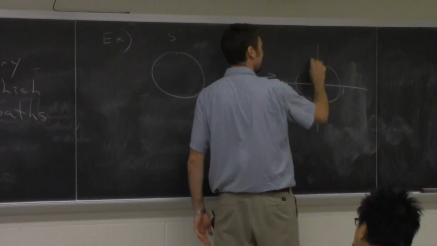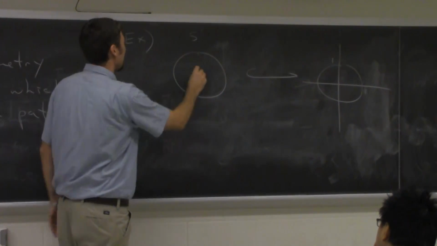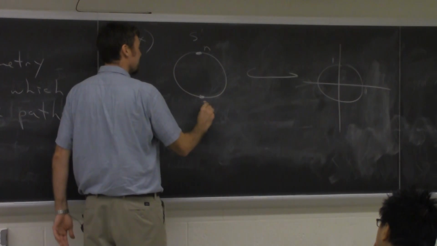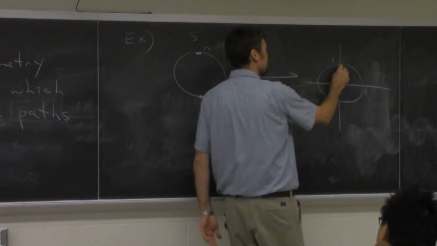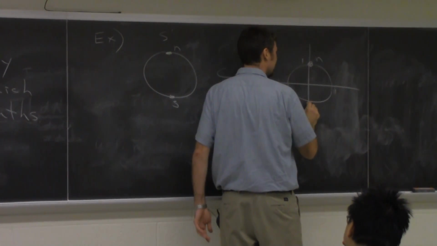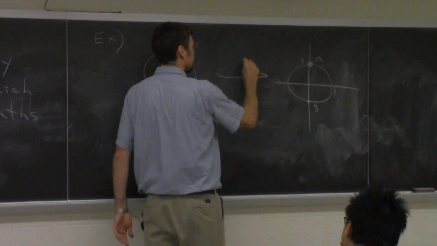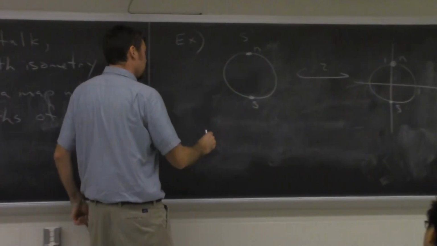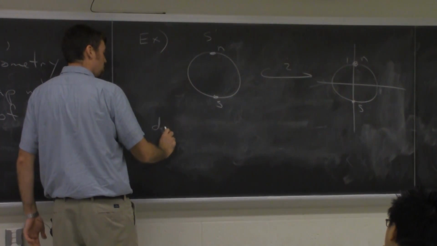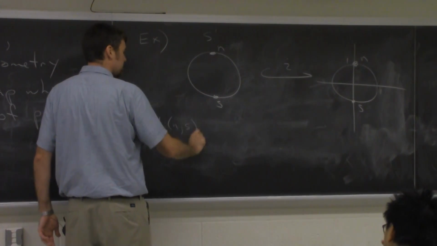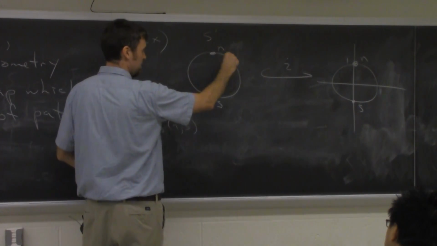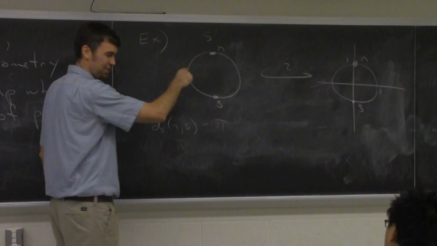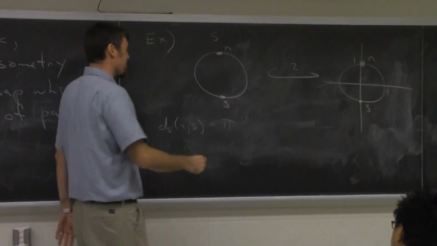Let's call this point, out of lack of creativity, N, and let's call this one S. I'm abusing notation and still calling it N and S, but let's give the map a name, the inclusion iota. If you look at the distance in S1 from N to S, the quickest way you can get on the circle is pi r, so we have pi.